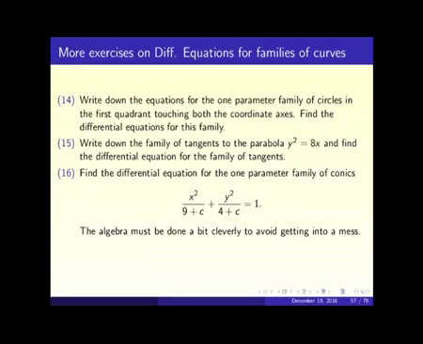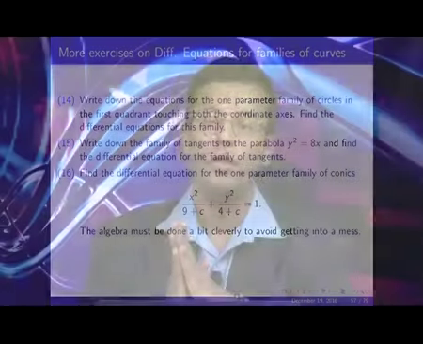Problem number 15, you look at a parabola, y squared equals 8x. At each point on this parabola, there is a tangent line. And as the point varies along the parabola, you get a one parameter family of lines, the tangent lines to the parabola. For example, you can take a point as (at squared, 2at). Remember how you parameterize a parabola?